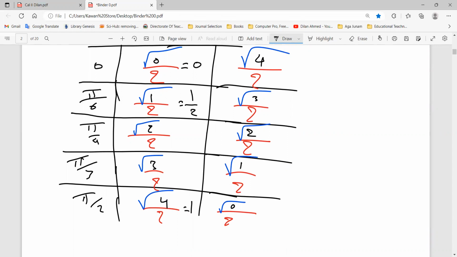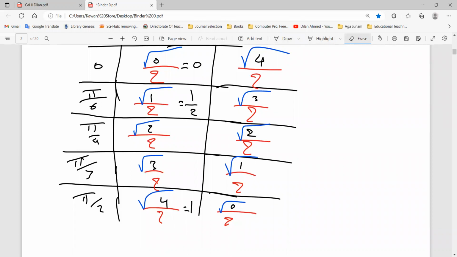What's 1 over square root of 2? Here, you mean here? Okay, we don't need to do it.